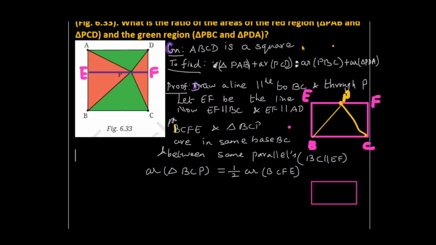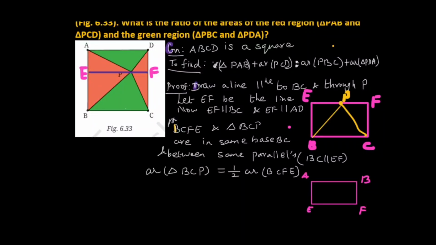So this is A, B, F, E. Then here we are having a triangle. This is the point P. When we are joining this, we are getting a triangle. So both are green regions.